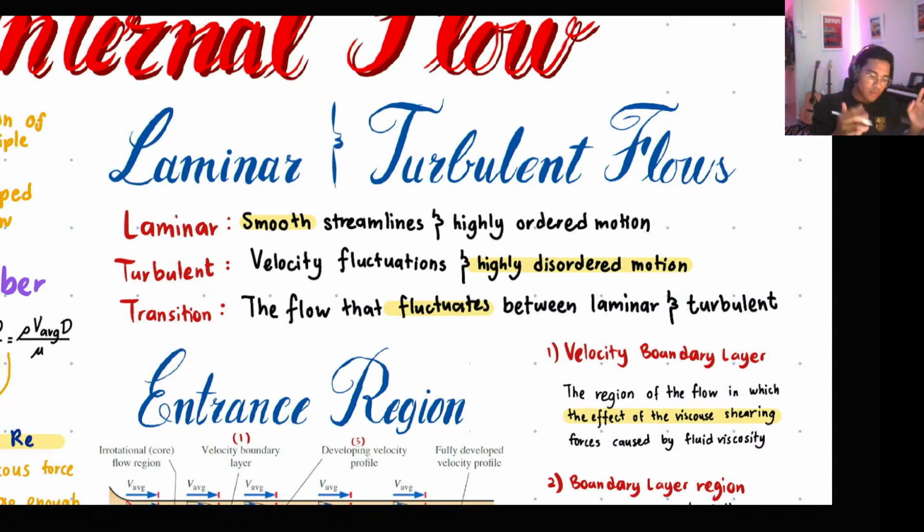So that is what we call the velocity fluctuations. It is inconsistent velocity at different regions at different times. Okay, that is turbulent. Laminar is smooth, streamlined, and highly ordered motion, whereas turbulent is highly disordered. Like I said, it is inconsistent and it differs in time.